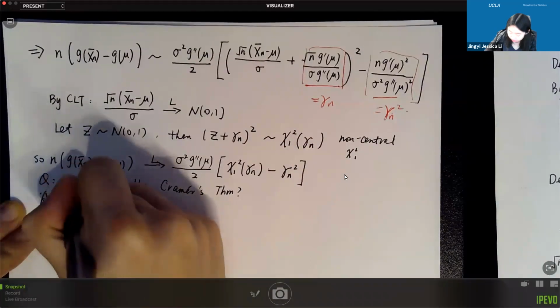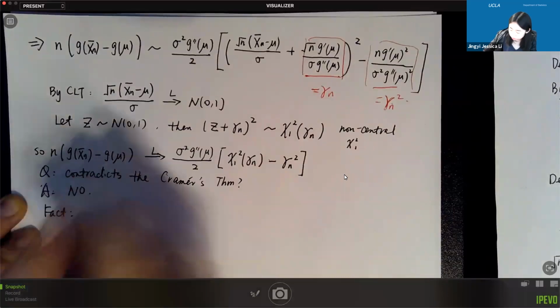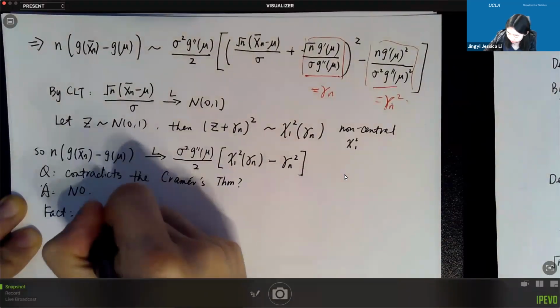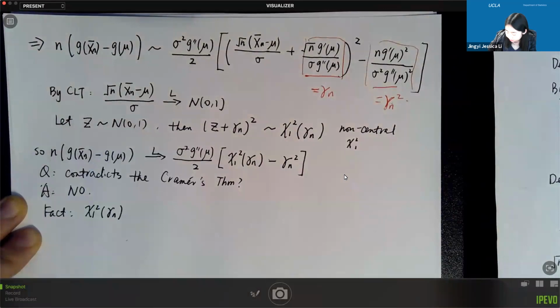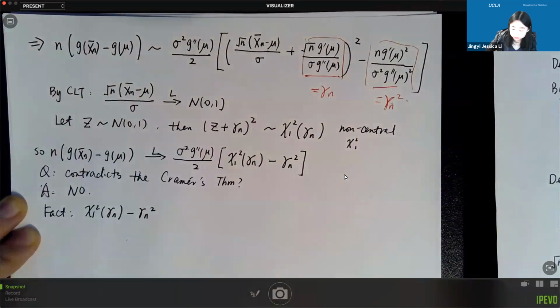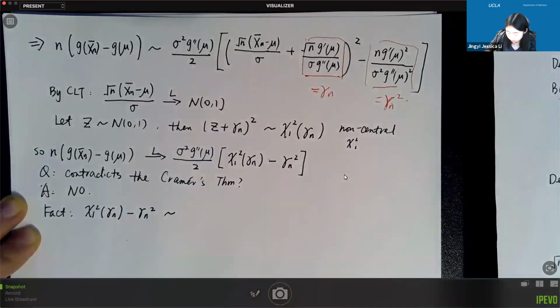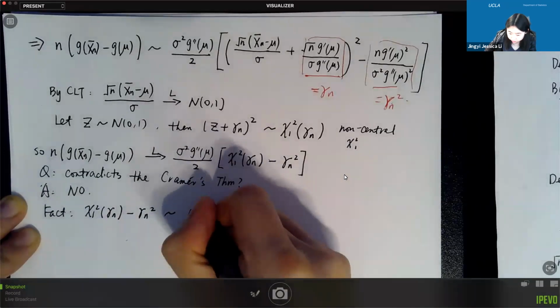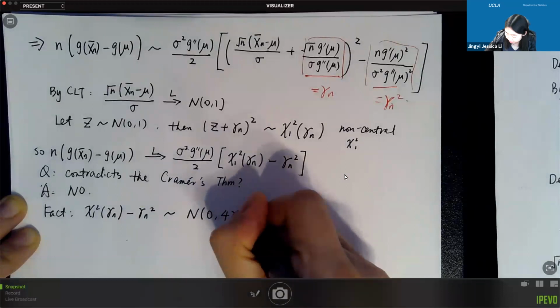I would say the answer is no. The distribution chi-square 1 shifted by gamma n, and minus gamma n squared, is asymptotically equivalent to a normal distribution with mean 0 and variance 4 times gamma n squared.